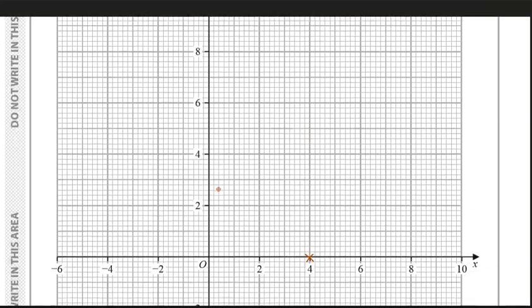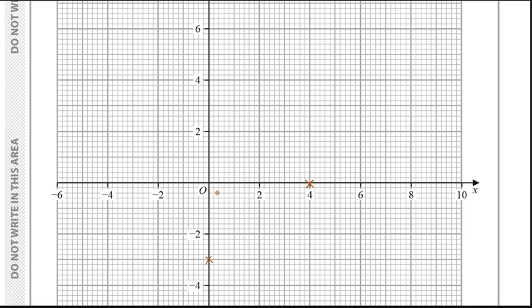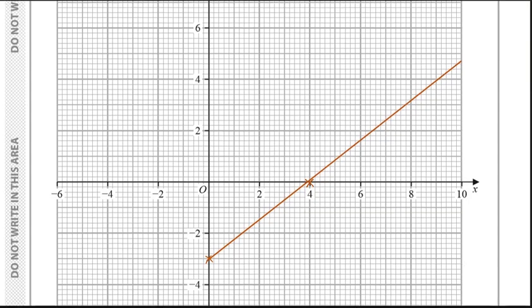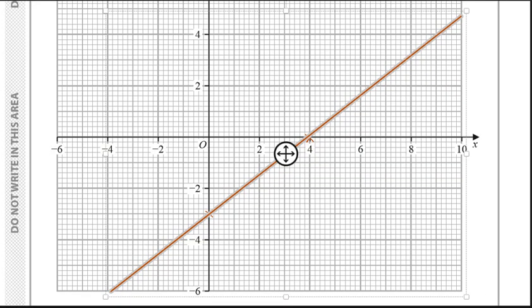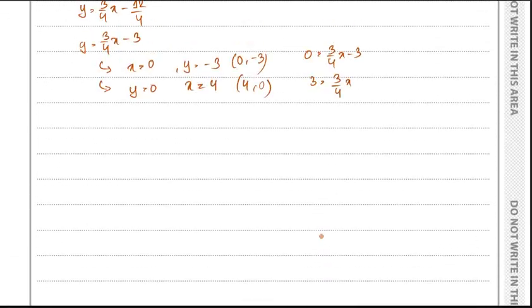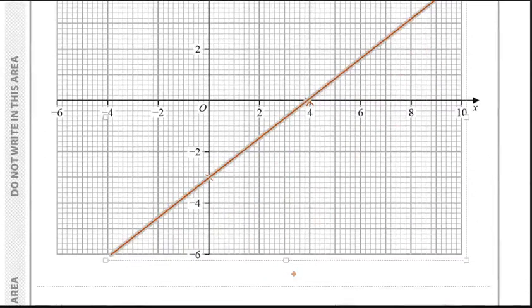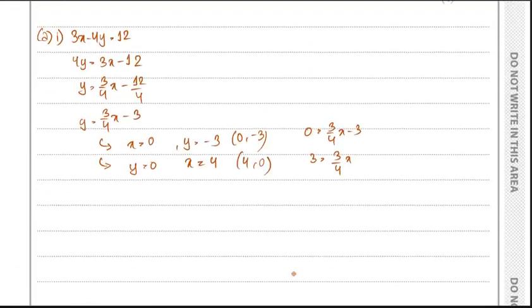So let's draw this line. Try to make it as long as you can, because these questions are mainly about inequalities, so you have to shade the parts in part B. So that is it for part A1.